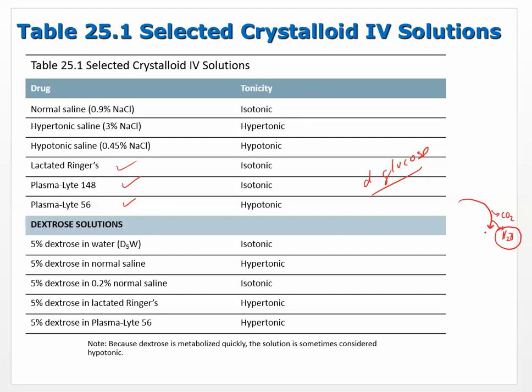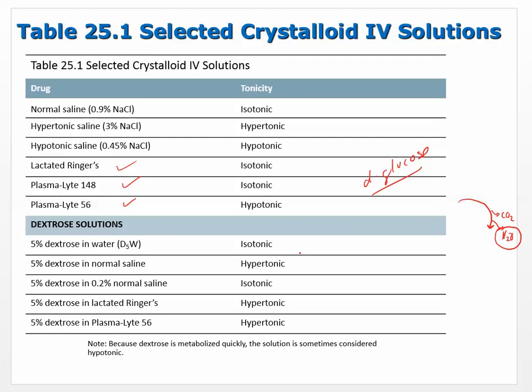So let's just stop and think about that for a second. If we give an isotonic solution, but it has dextrose, we're still very gradually going to be increasing the fluid volume. We're going to increase the amount of water that's in the body overall, and that can be a good, more delicate way of increasing fluid. The other thing is that dextrose is glucose, and glucose is a nutrient.